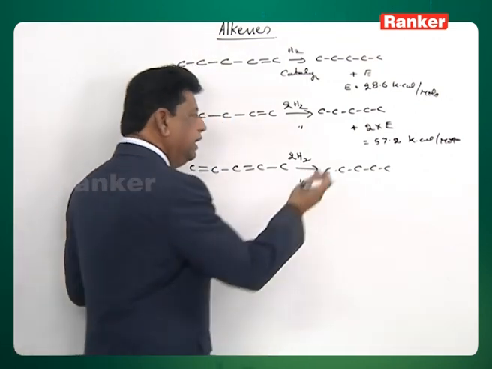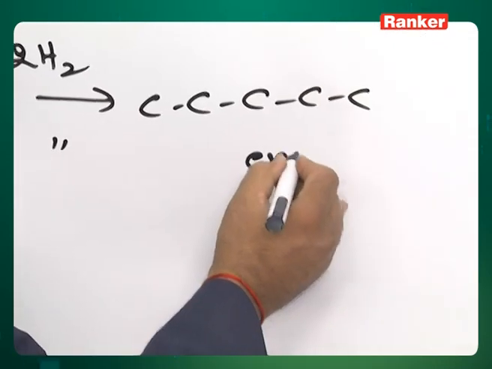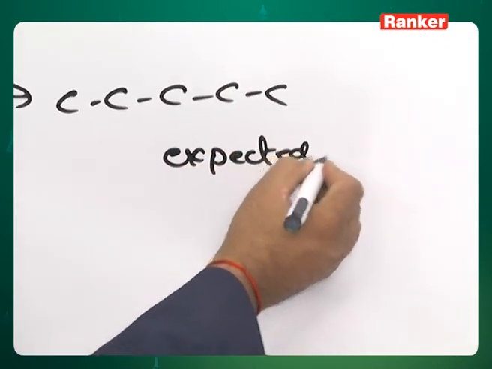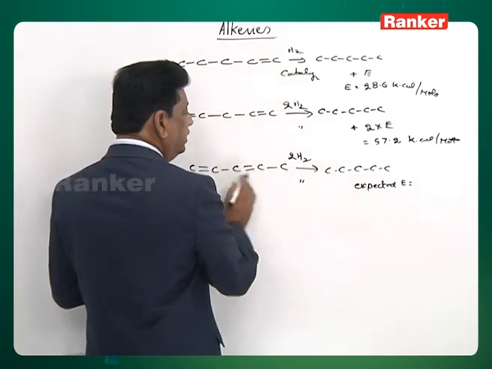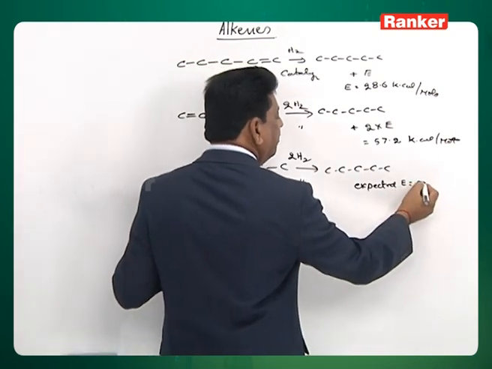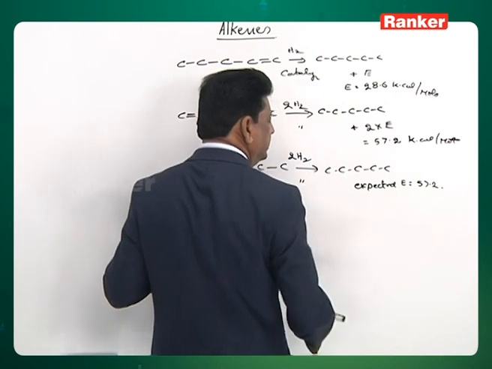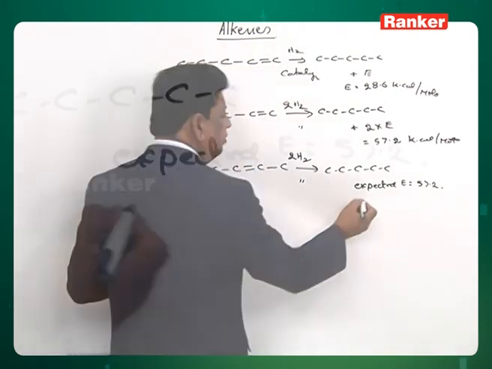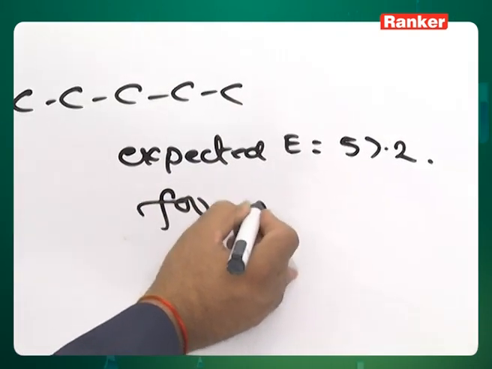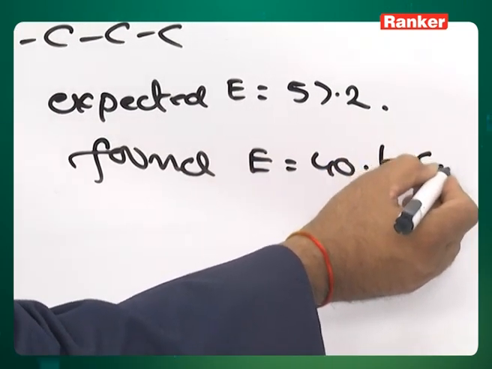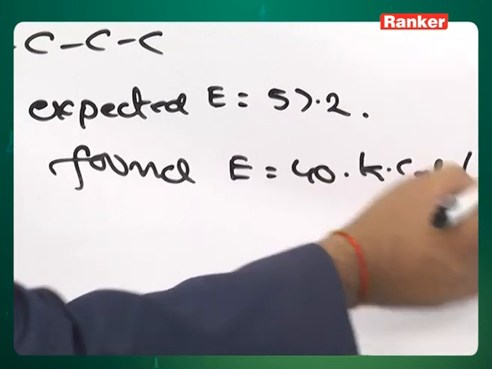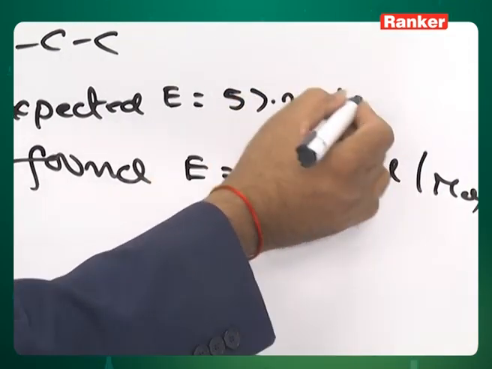The expected value E is again, with 2 double bonds being hydrogenated, around 57.2, isn't it? This is the expected value. But what is found is only around 40 kilocalories per mole, not 57.2.